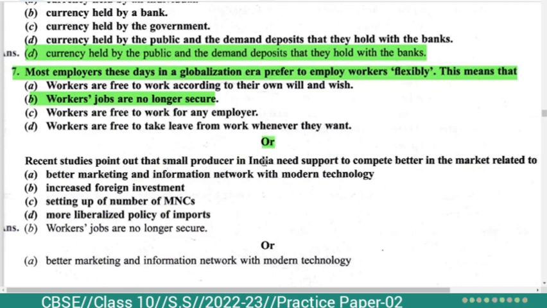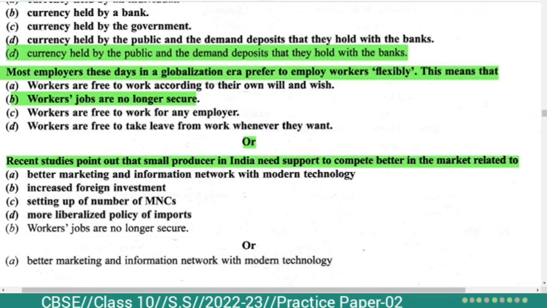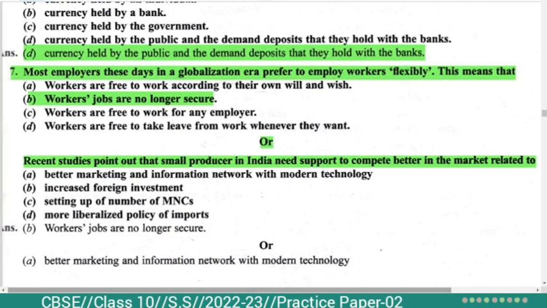Next question. Recent studies point out that small producers in India need support to compete better in the market related to. The given options are A. Better marketing and information network with modern technology. B. Increased foreign investment. C. Setting up of number of MNCs.